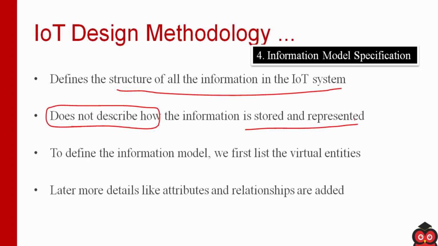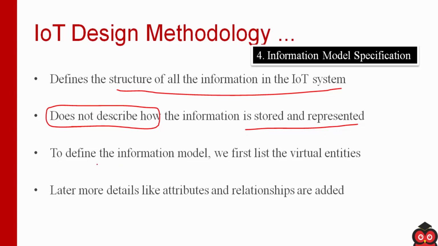This information model will not tell you which database or which programming language will be used, or what variables you will use, etc. It will just tell what data will be stored and what the type of that data is.